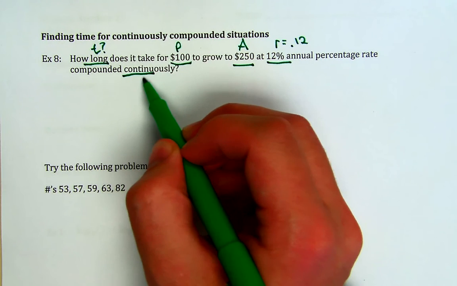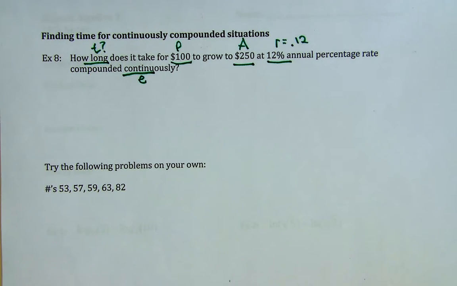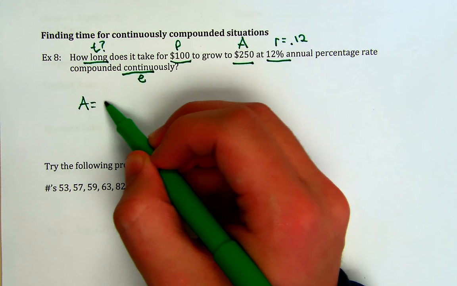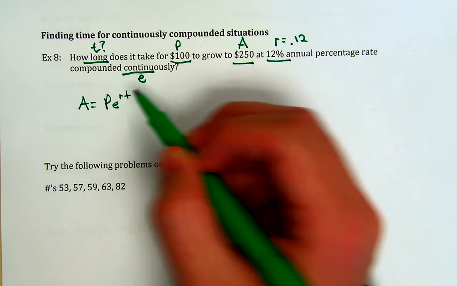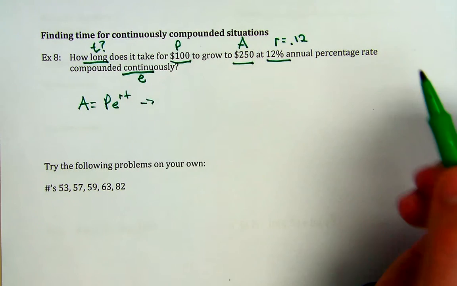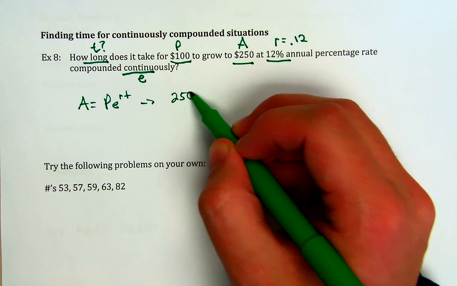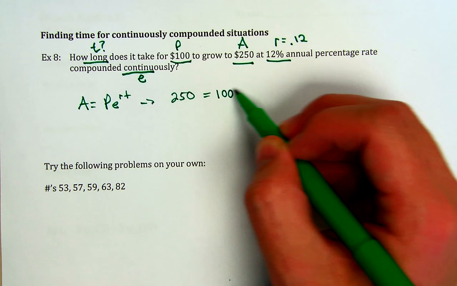Compounded continuously tells me I'm using P e raised to the rt. So A equals P e raised to the rt. Putting in our substitutions here, we get 250 equals 100 e to the 0.12t.